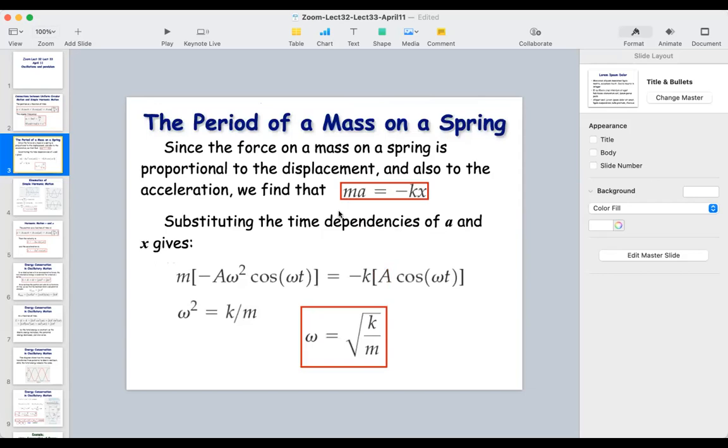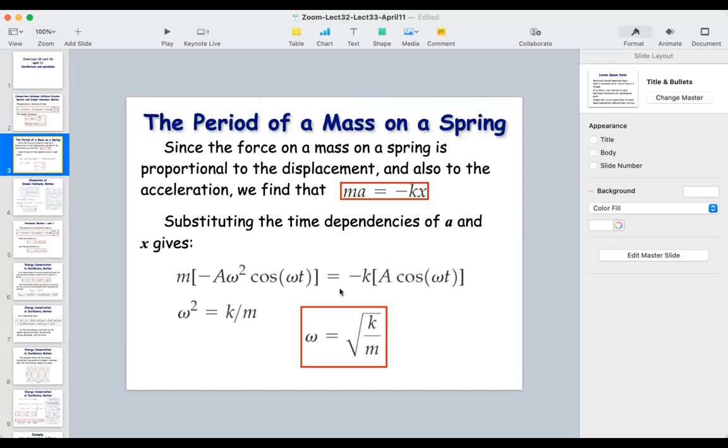Now we also saw that this harmonic motion can be provided by a spring. The force of a spring is proportional to the displacement, and also to the acceleration. So from this equation, if we substitute the time dependencies of a and x, and you don't need to care about these steps, if you want to see, it is indicated here how you can find it.